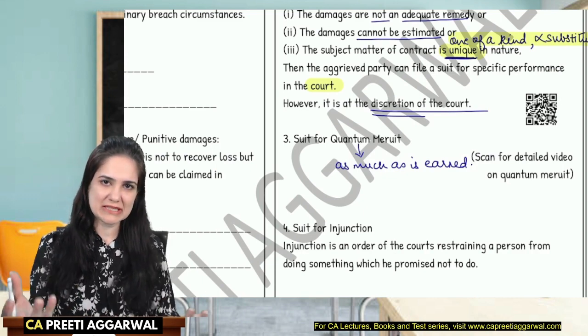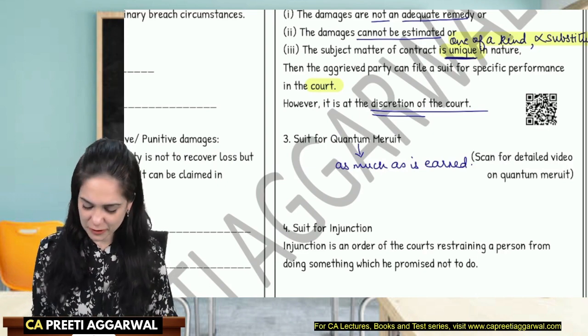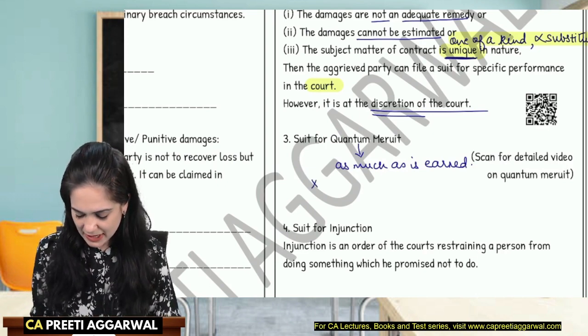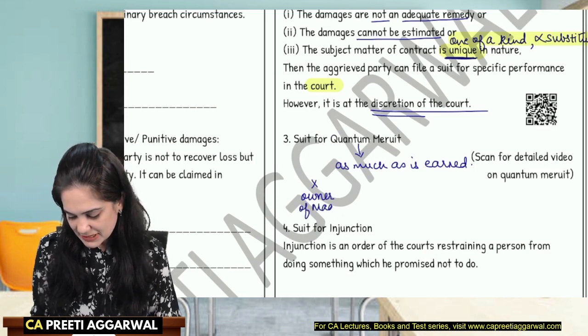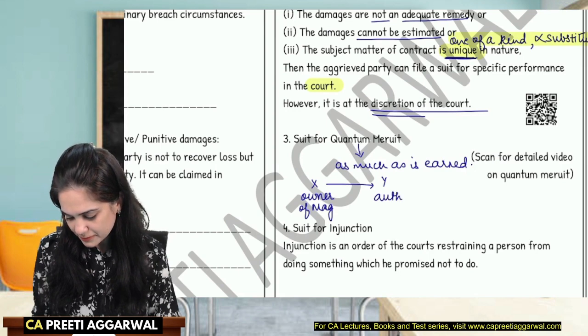But just to recall the concept for you, let's say that X is the owner of a magazine. He has engaged Y, an author, to write a book for him.